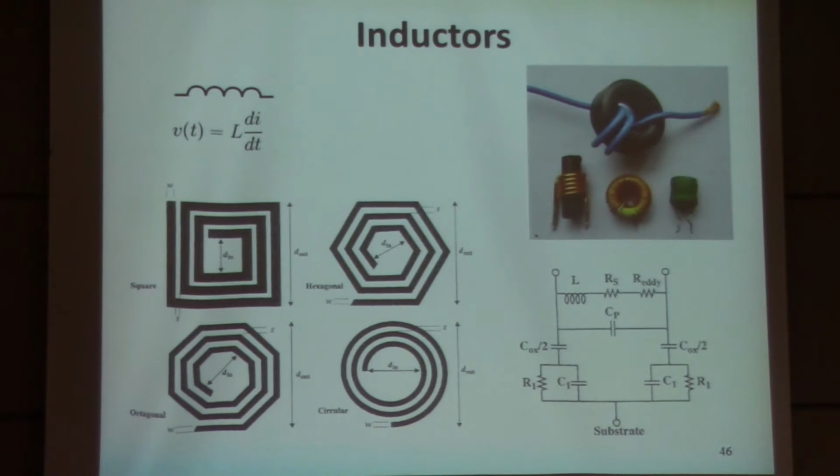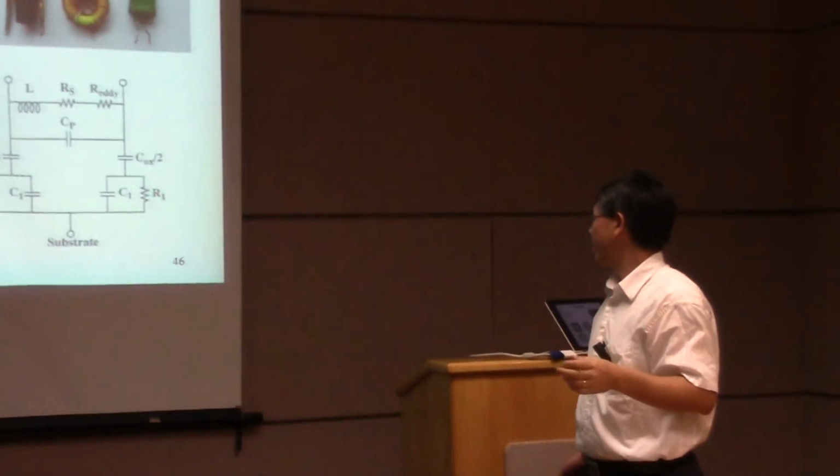Right now for on-chip ones, for CMOS technology, you can generate an inductance value on the order of 10 nanohenry. Not very large, okay? 10 or 20 nanohenry. That means equivalent to a 1 centimeter long wire, right? And the frequency goes up to like 10 gigahertz, while your cell phone works at about 1 to 2 gigahertz. So that's where we are.